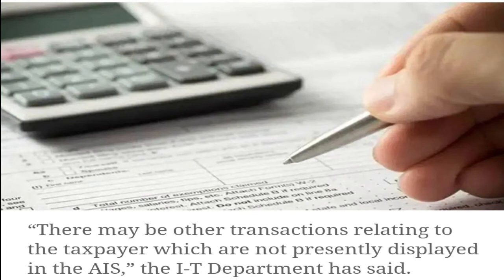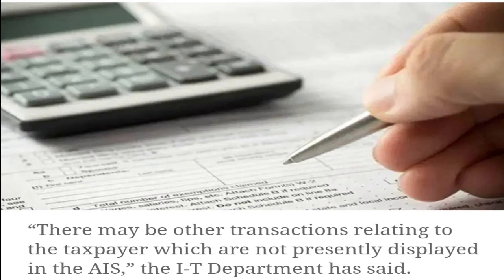Do taxpayers have any cause for worry? Taxpayers just need to carefully check all transactions reflected in the AIS so that correct information is then reflected in the returns. With the revised AIS, most transactions are now under the purview of the IT department.